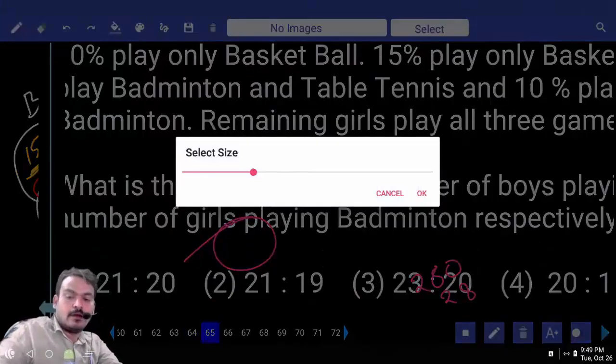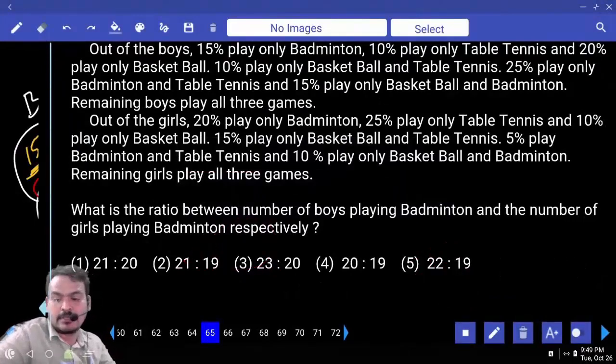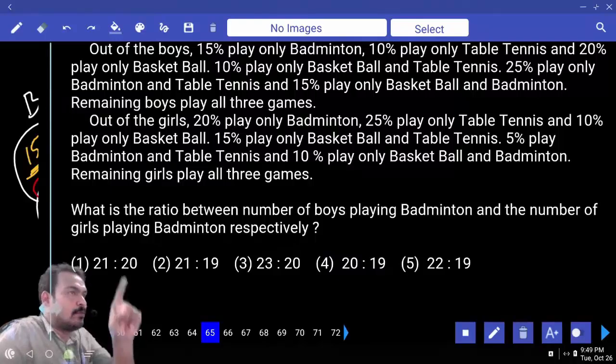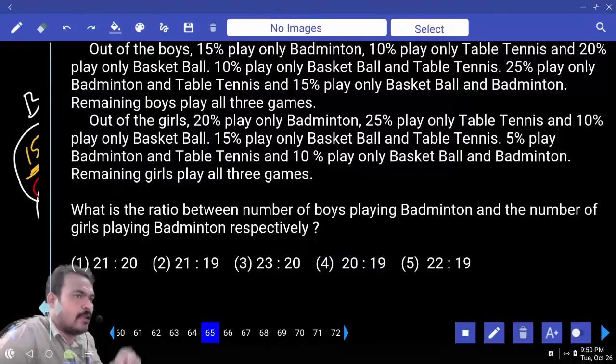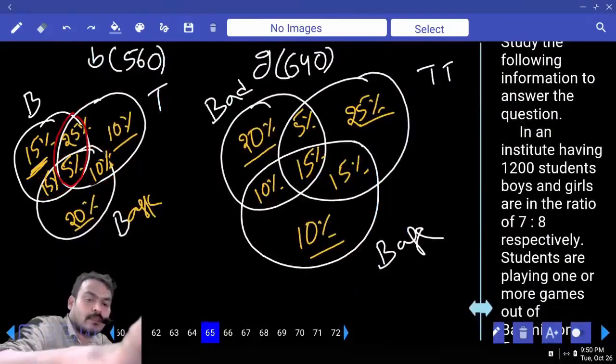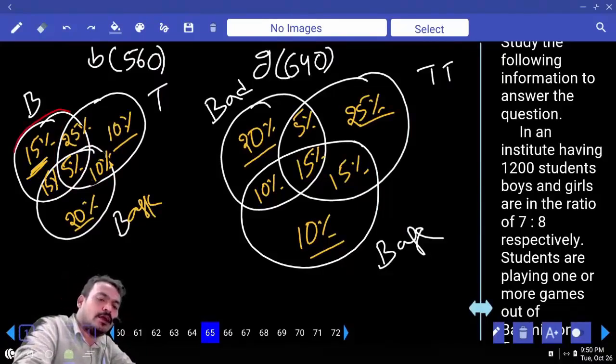Next, last one. What is the ratio between the number of boys playing badminton and the number of girls playing badminton respectively? Boys playing badminton is nothing but total boys badminton value. Girls playing badminton is nothing but total girls badminton value. Boys playing badminton means only the red color portion.